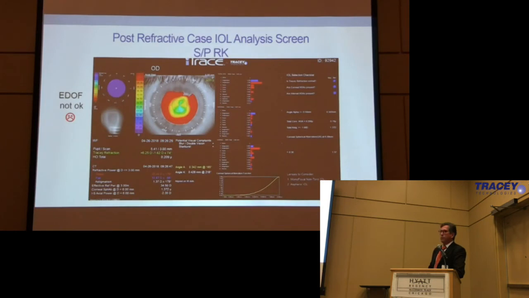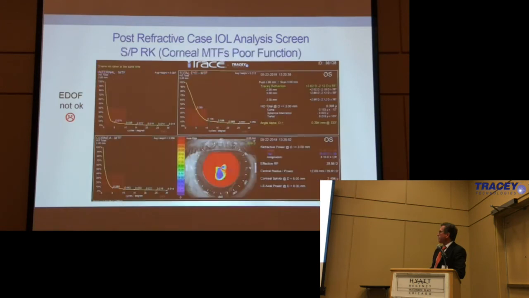Now, who do you want to stay away from? So this is a patient, if you look at the corneal aberrations, oh, sorry, let me back up. Here you can see we're approaching that 0.2, which is when you start to get to higher levels of corneal aberration, and you really want to steer clear of multifocal IOLs. But in this patient, I just want to illustrate the fact that what's key in these post-RK patients is that not only do they have high corneal aberrations, but their MTF curves drop significantly.